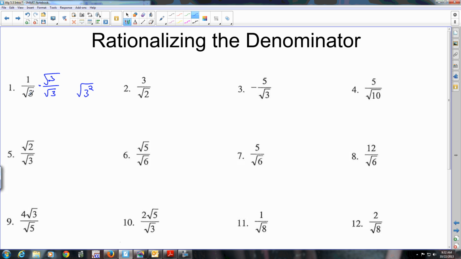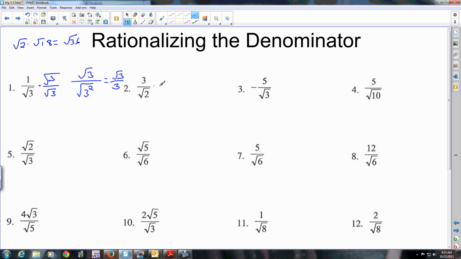The bottom, as I showed you earlier, like you had the square root of 2 times the square root of 18, that becomes the square root of 36. Well, square root of 3 times the square root of 3 becomes the square root of 3 squared. So that's the bottom. The top is just the square root of 3. And you know from what we've just been doing, this is worth 3. So you have the square root of 3 over 3, and that's your final answer.